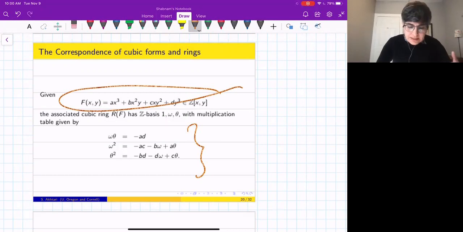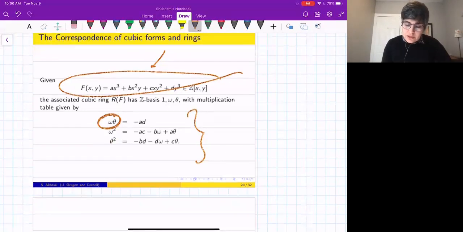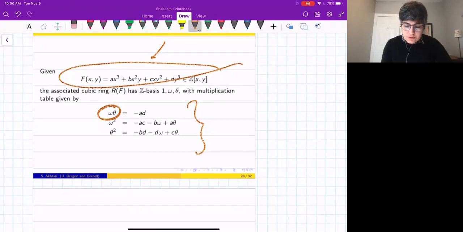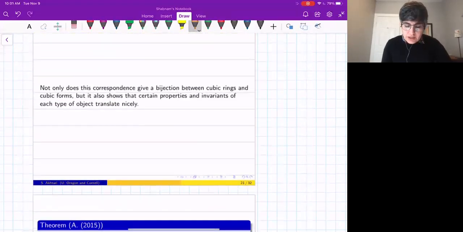And if you work with a form that is equivalent to this, it's as if you are working with a different omega and theta, a different basis in your cubic ring. They keep calling it natural, but it's a very clear bijection between your multiplication in your ring and the coefficients of the binary form. But this bijection is quite powerful.